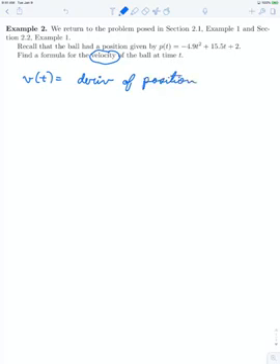We've been given the position formula of negative 4.9 t squared plus 15.5 t plus 2. So what we have to do is take the time derivative. I use the Leibniz notation d over dt, which means the derivative with respect to t of negative 4.9 t squared plus 15.5 t plus 2.